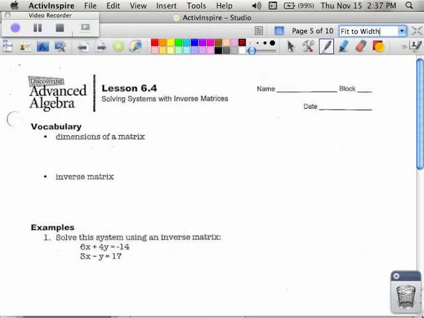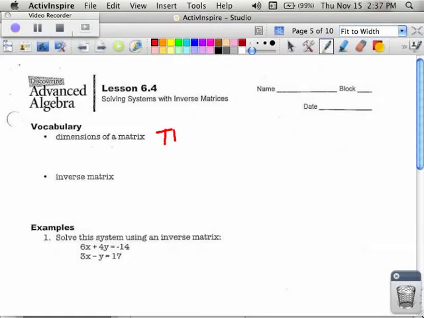We're going to be talking about solving systems of equations with matrices. And so you have to understand, first of all, the dimensions of a matrix. Matrices talk about rows and columns.